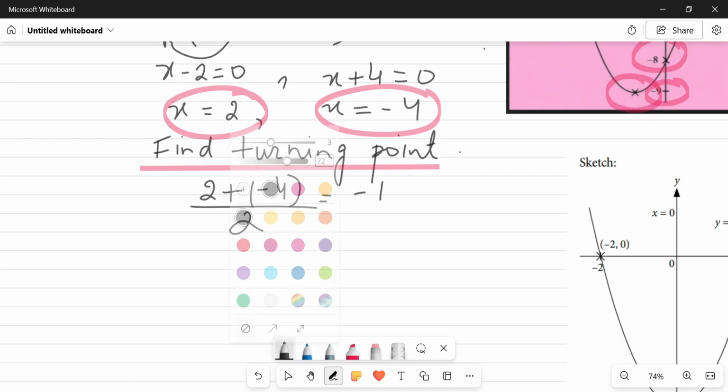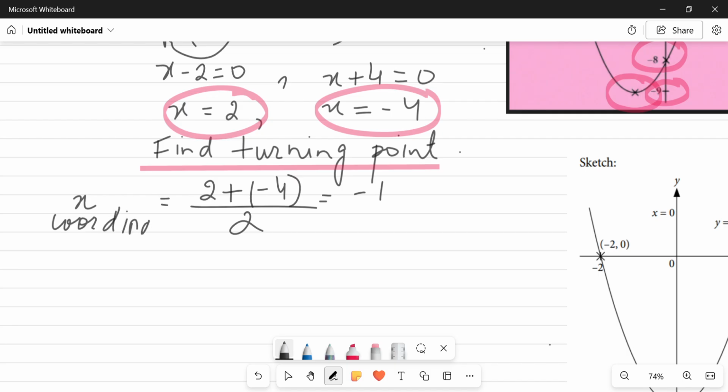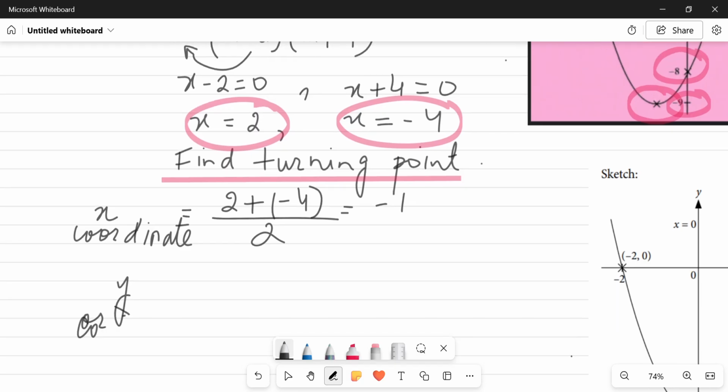Now we need to find the y coordinate of the turning point. Before, it was the x coordinate; now we need to find the y coordinate.